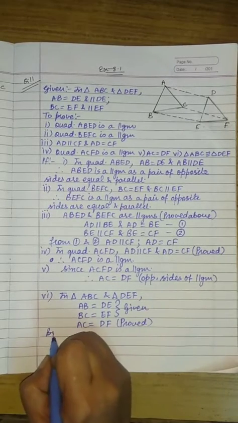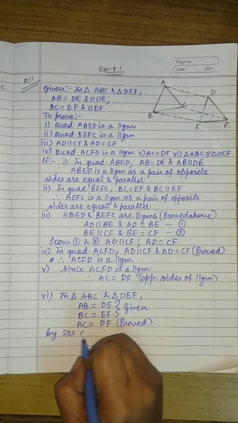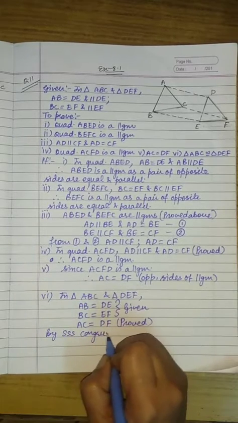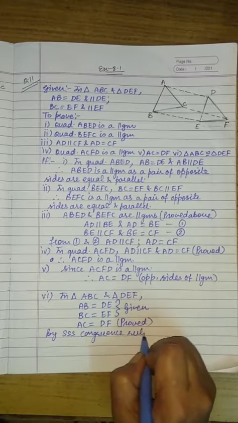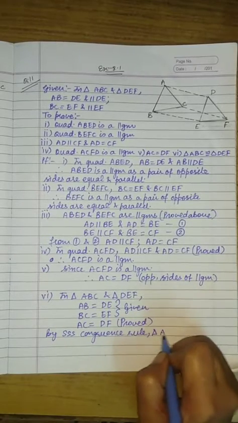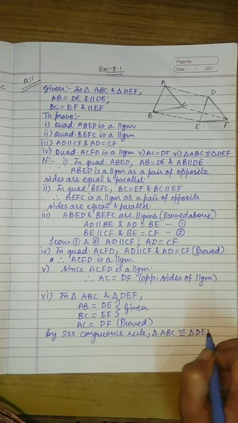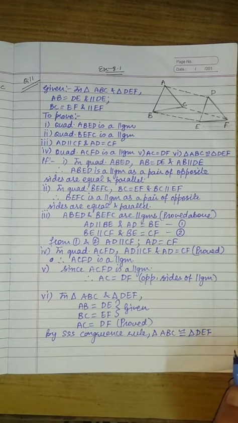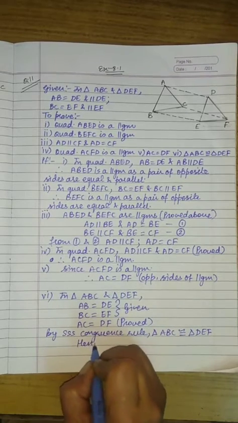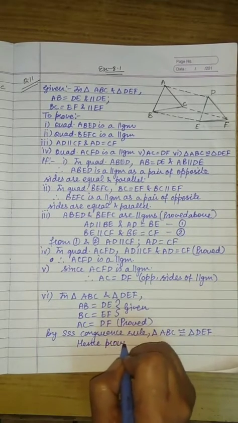Therefore by SSS congruence rule, triangle ABC is congruent to triangle DEF. So all parts are proved, hence we have proved all the parts.